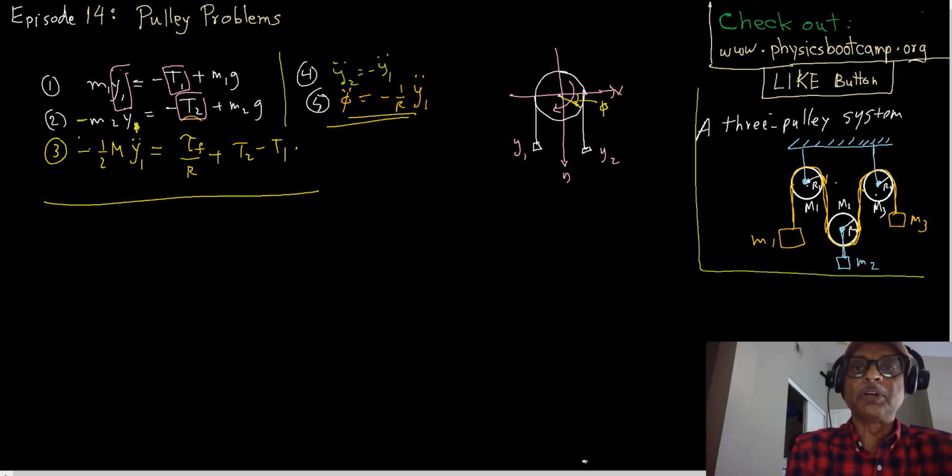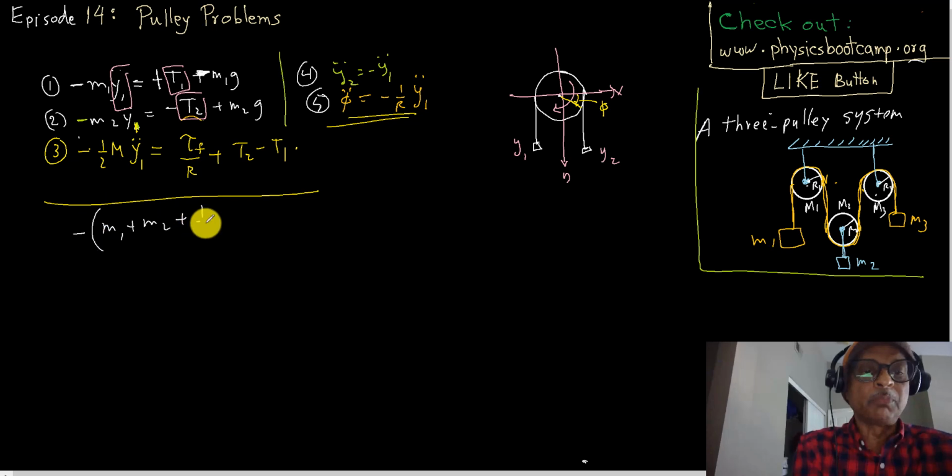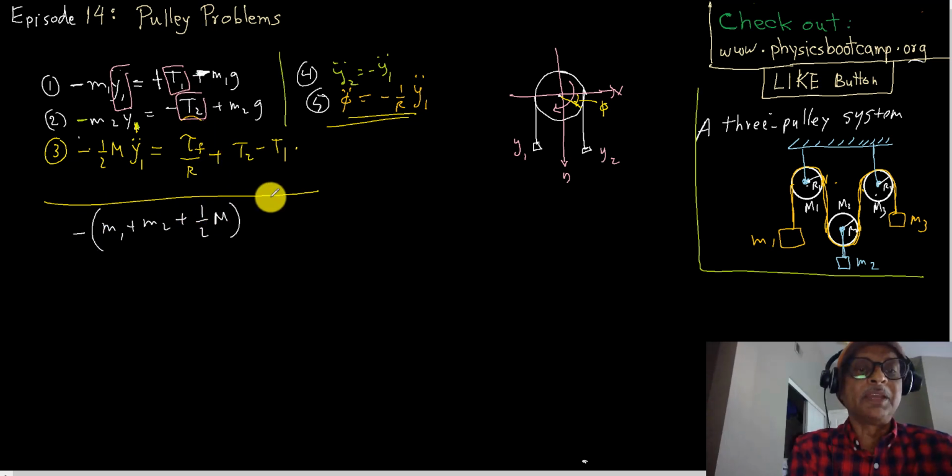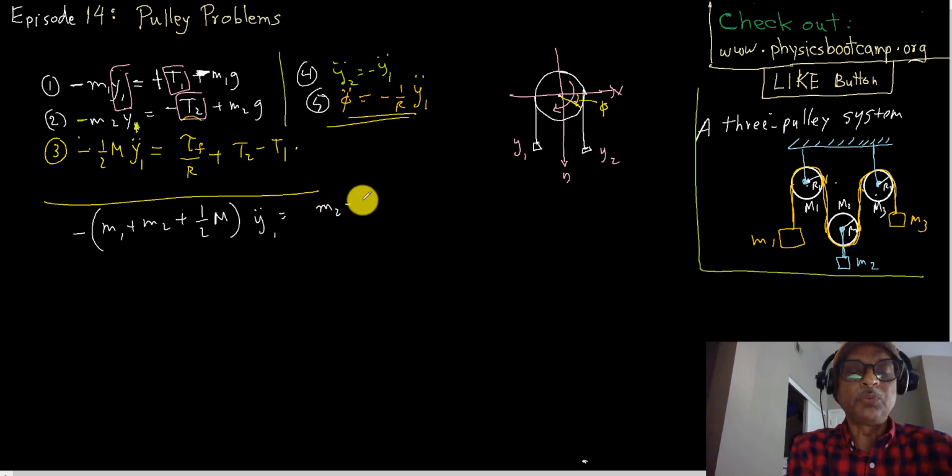So I'm going to have to multiply this with a minus, then this will cancel that, this will cancel that, and on this side I'm going to have minus m1 plus m2 plus half m, and on this other side I'm going to have m2 minus m1 g plus tau f over r.